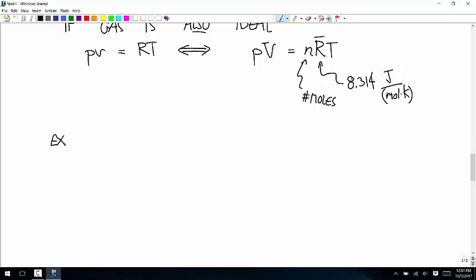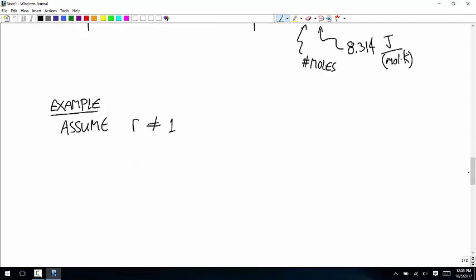First, I'm going to do one where we're going to assume that n is not equal to 1. And we have a polytropic process, so P times V to the n is a constant.